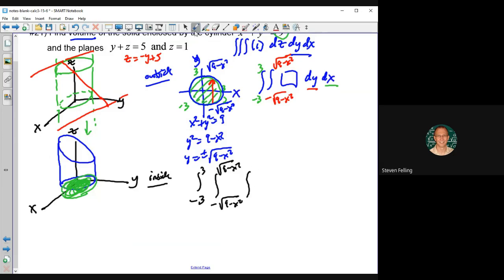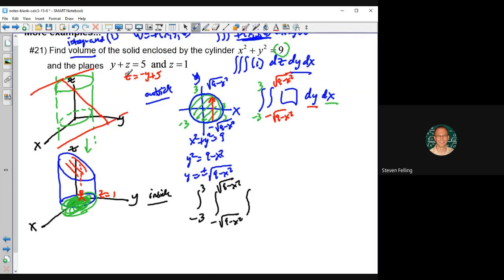We have to imagine that our person now in 3D is standing on the bottom of the surface here because the last direction is this way. So I'm putting a person standing on the bottom of that, and they're jumping up this way. They're going to start at z equals 1, and they're going to end when they hit this surface here. So how would we find that surface?